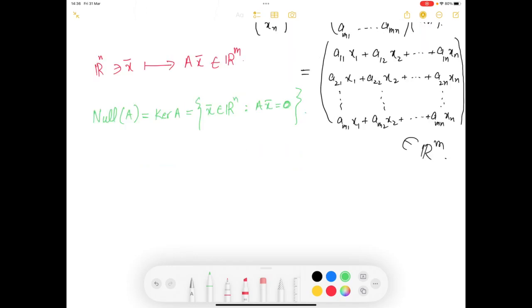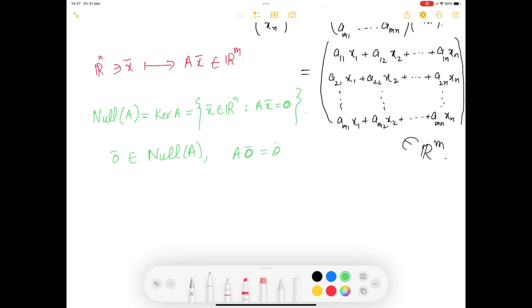We can see that the zero vector is in the null space of A, because when we multiply matrix A with this zero vector, we'll get again a zero vector.